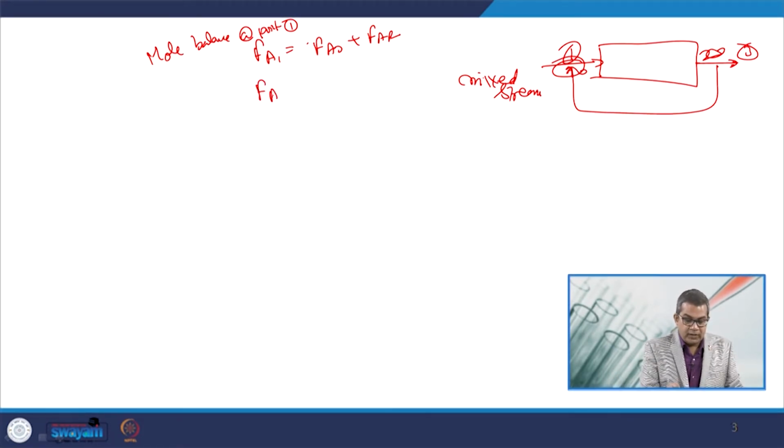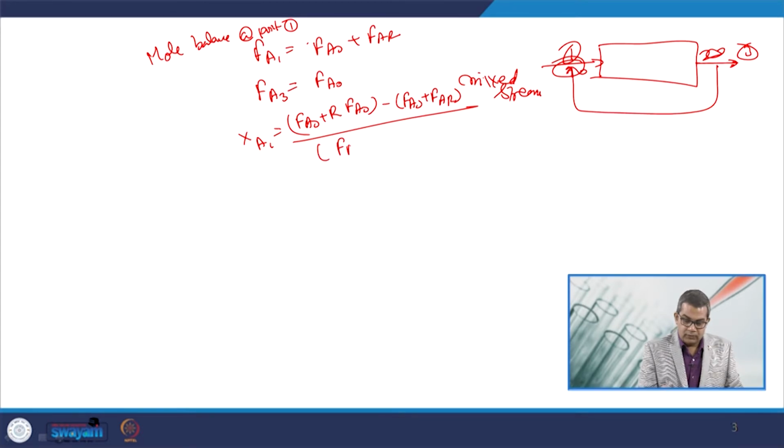So, FA3 is equal to FA naught, let us say, then XA1 is equal to (FA naught plus R FA naught minus (FA naught plus FAR)) upon (FA naught plus R FA naught).